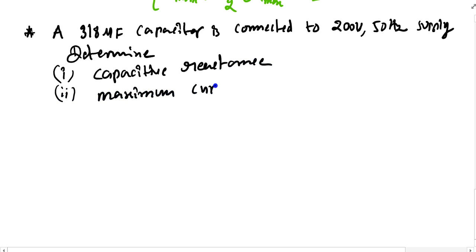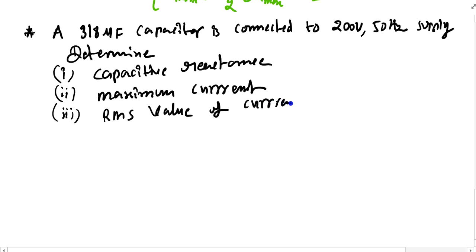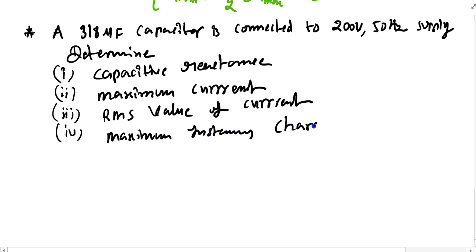The third point they are asking is the RMS value of current. And another point they are asking is the maximum instantaneous charge.